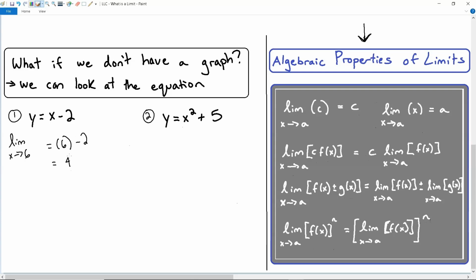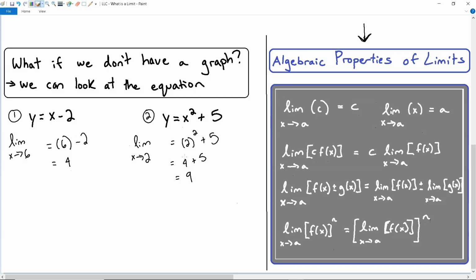So for simple limits, you can really just plug in the x value you're approaching into the equation and get an answer. And if we do the same thing over here, x squared plus 5, let's say I want the limit as x approaches 2. What I could do is I could just plug in the value for 2 and solve for y.